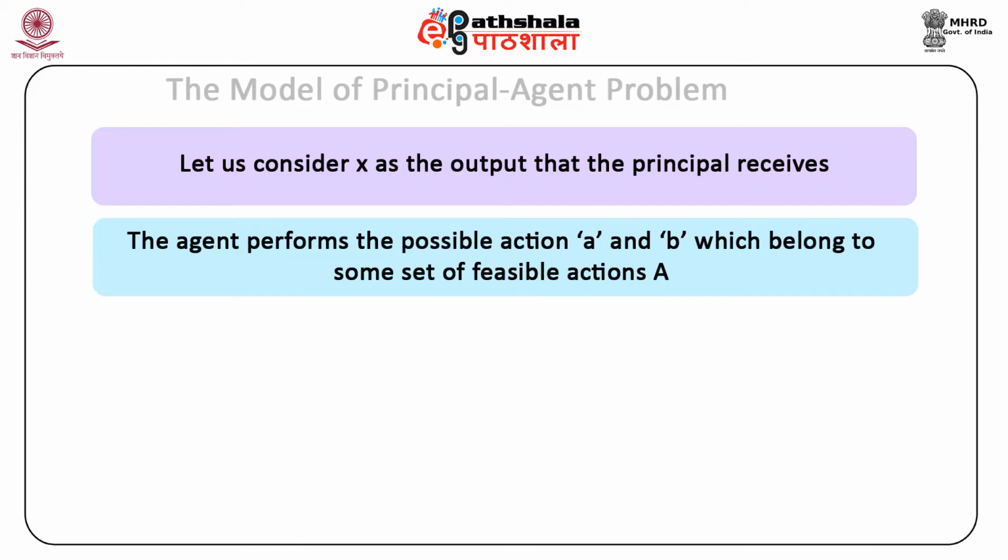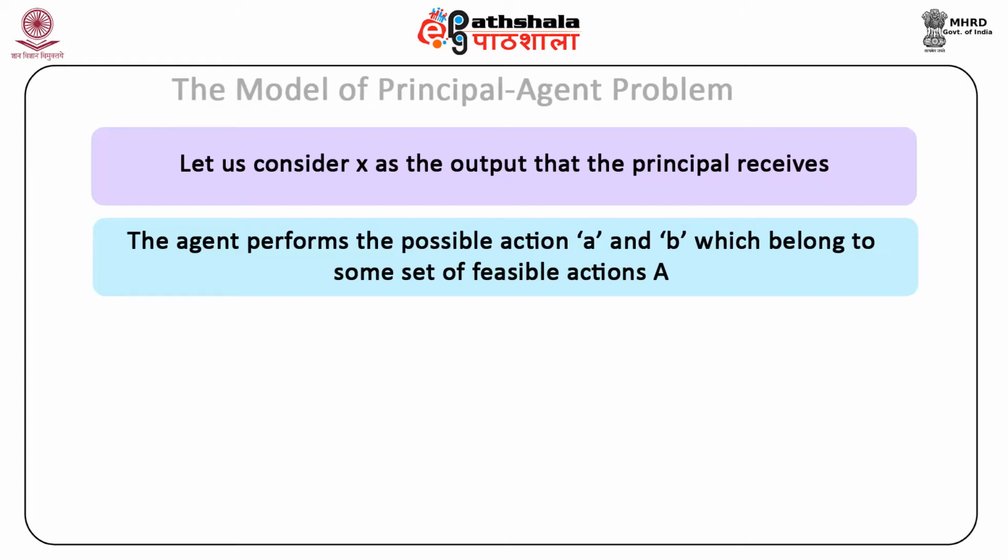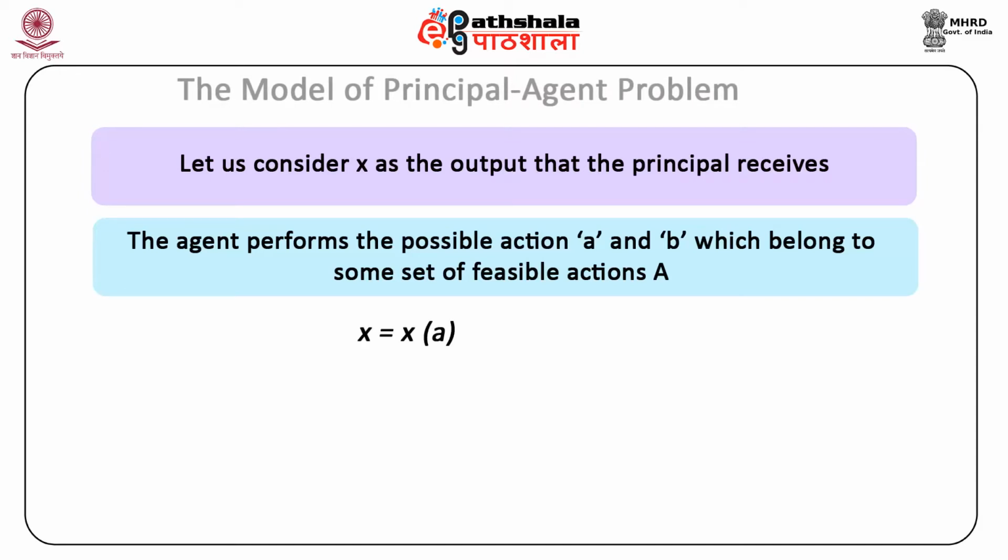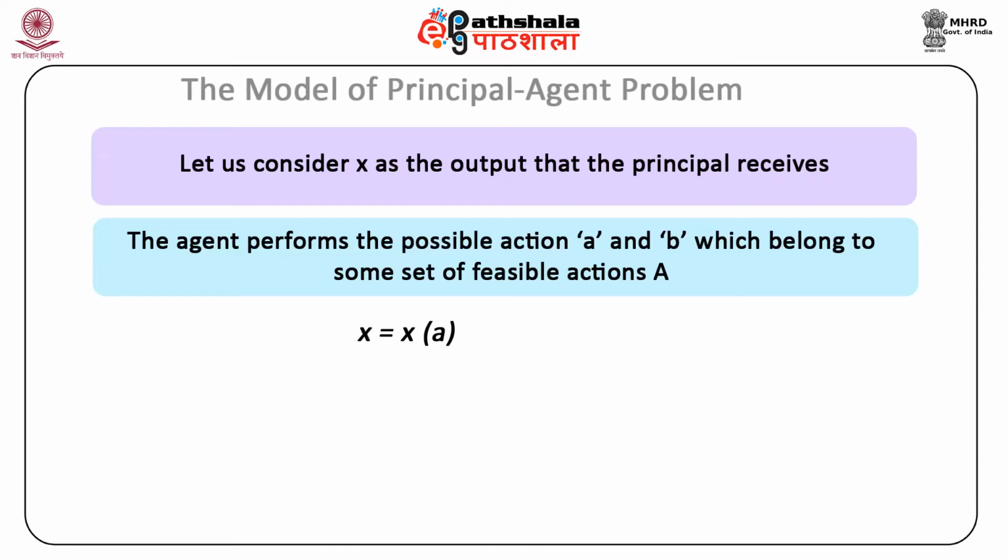Uncertainty is ruled out initially, and as a result, the actions of the agent determine the outcome completely. Thus, the relationship is written as x = x(a). This is given as equation 1.